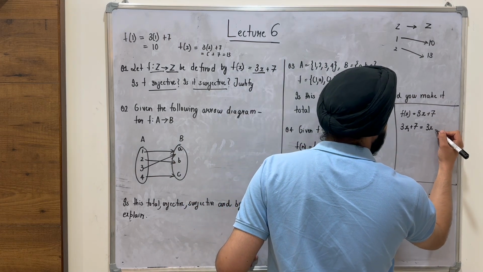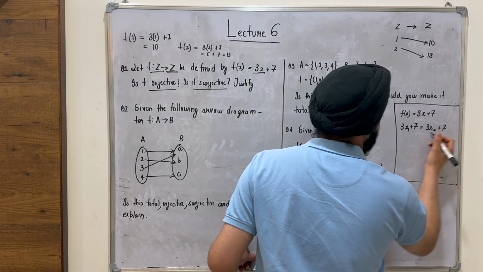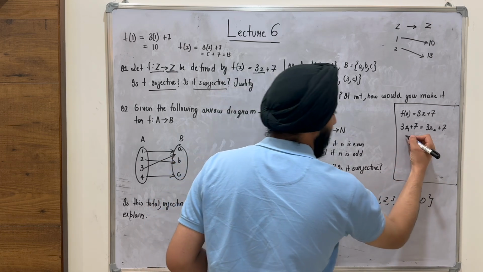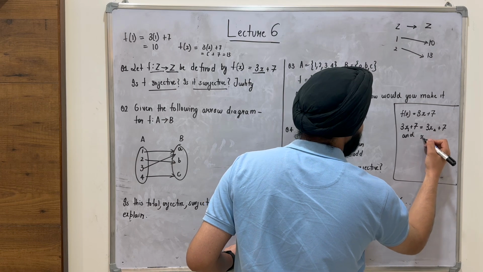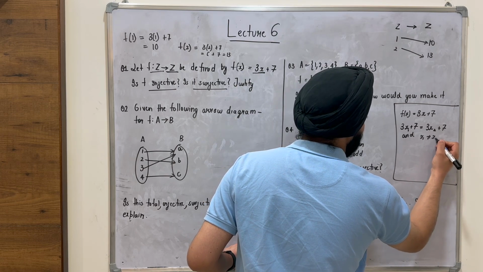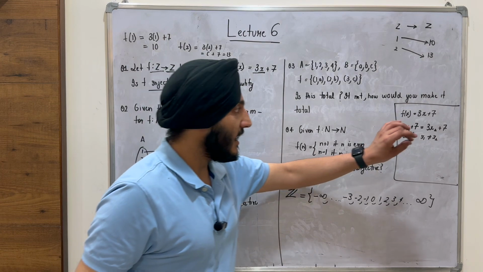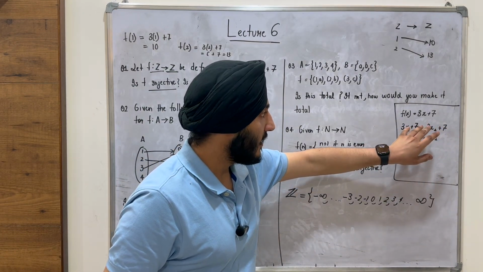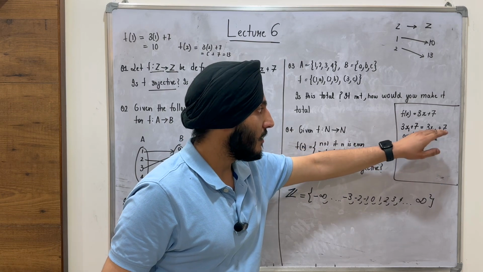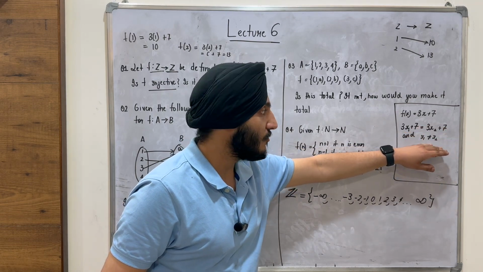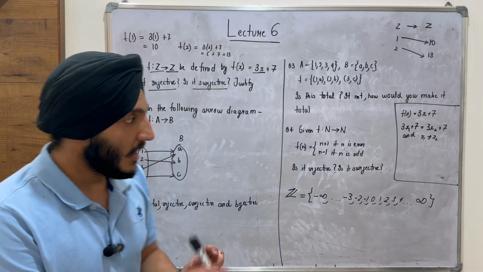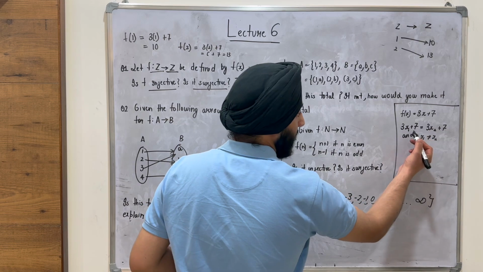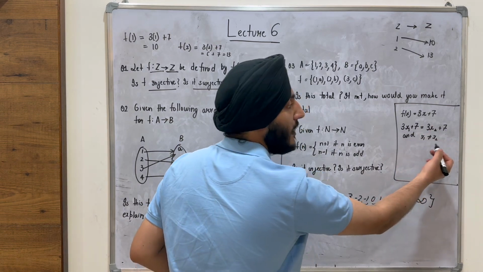Do you think it's possible that 3x1 + 7 equals 3x2 + 7 and x1 is not equal to x2? Do you think there are any two integers, x1 and x2, such that 3x1 + 7 is equal to 3x2 + 7 and these two integers are not equal? The simple answer is that's not possible. If these two are equal, then x1 should be equal to x2.